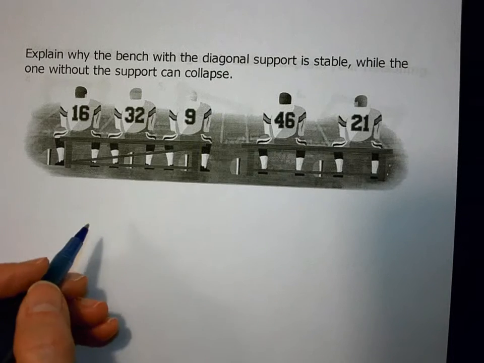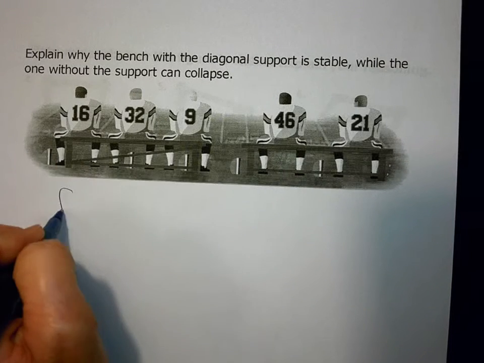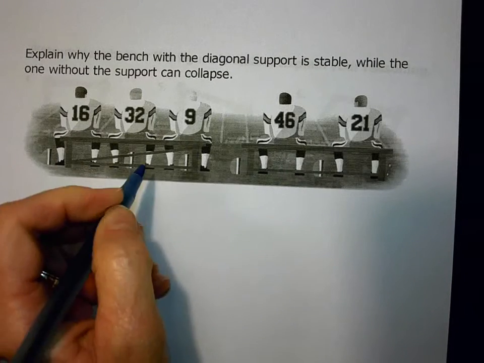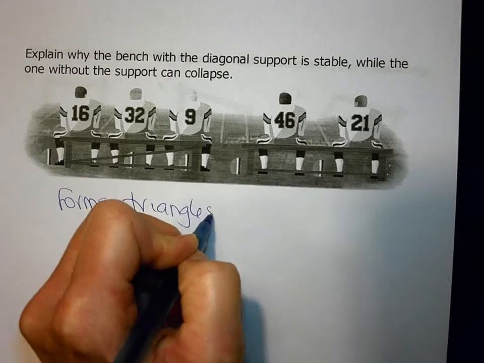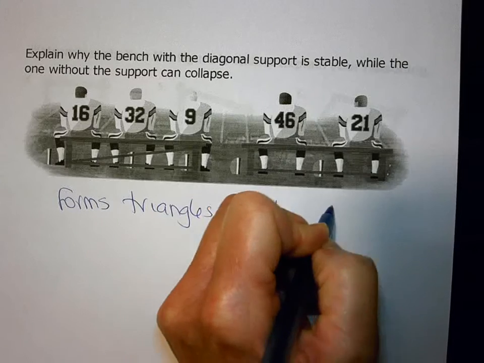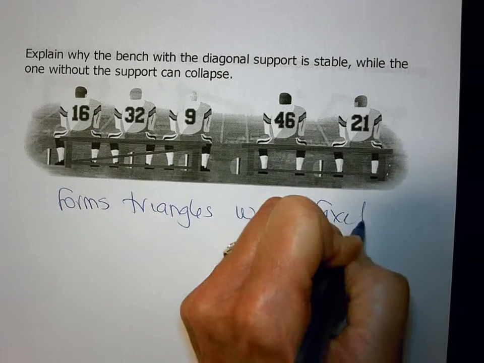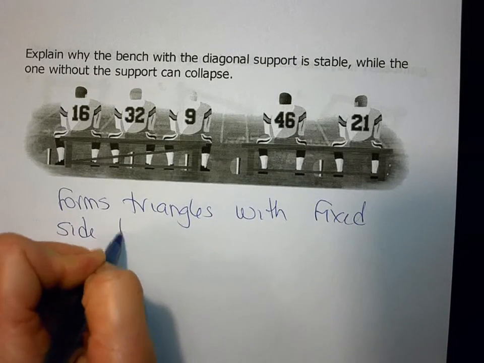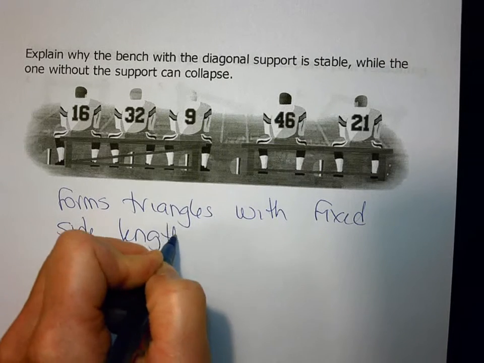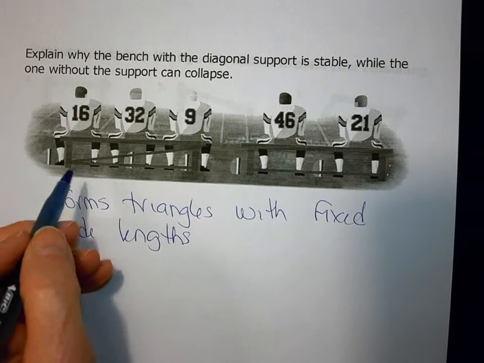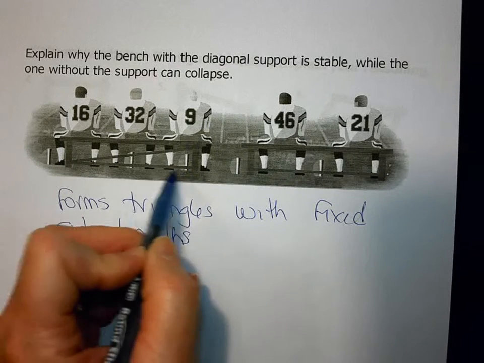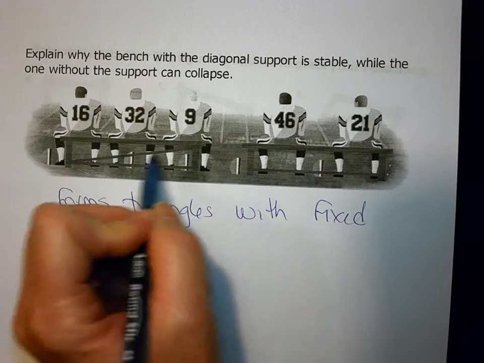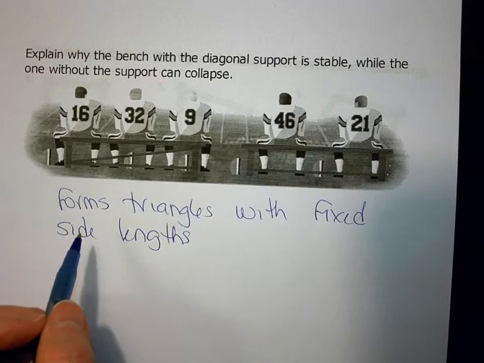So the bench with a diagonal forms triangles with fixed side length. Those triangles are going to have congruent sides, because these two sides are going to be congruent, these two sides are going to be congruent, and then they share their hypotenuse.